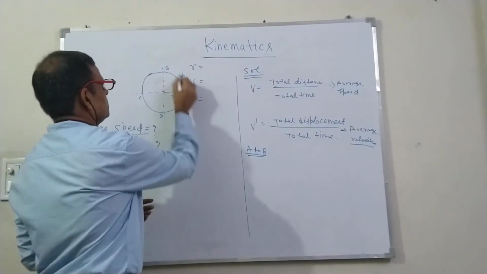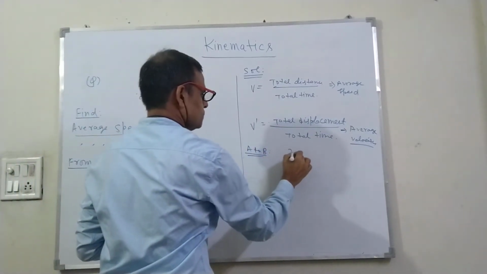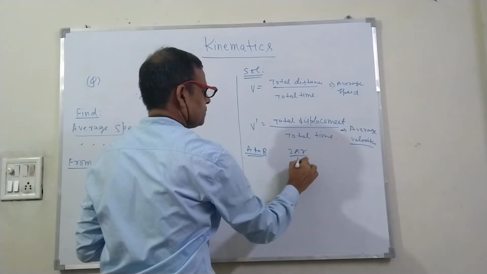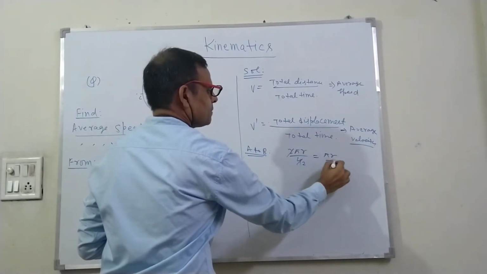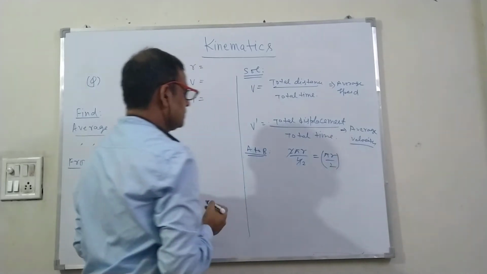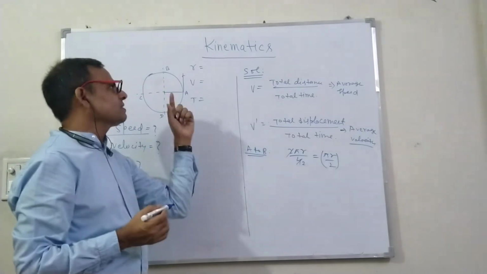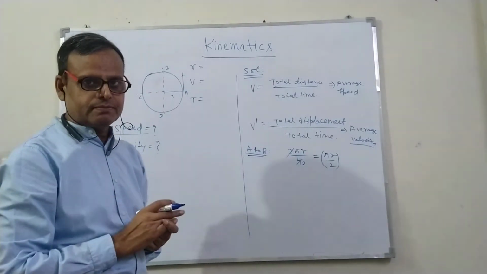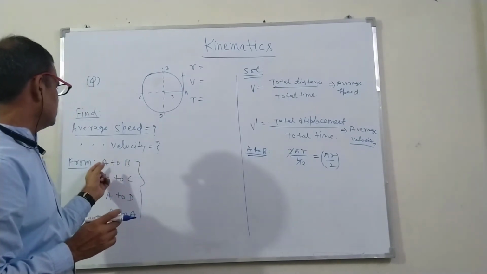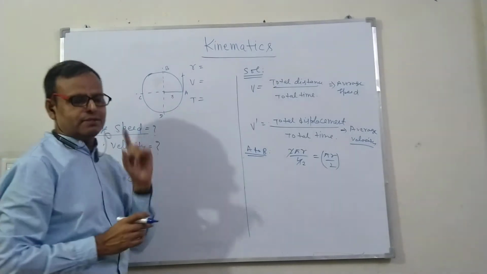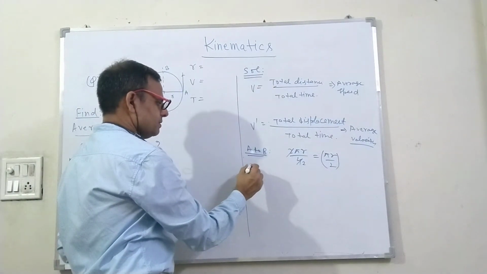That means this length is 2 pi r by 4, that means pi r by 2. This is the path length, that means the distance from A to B. So the first question: from A to B, the average speed.